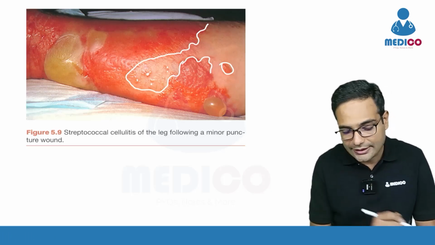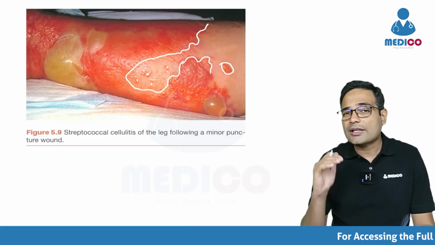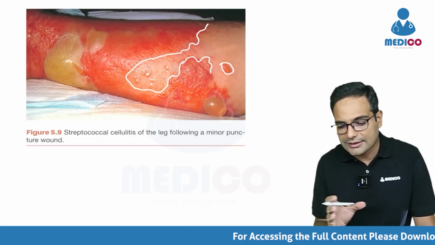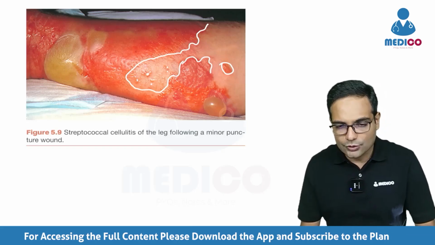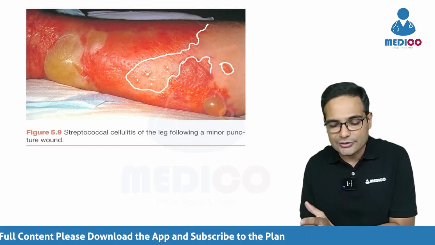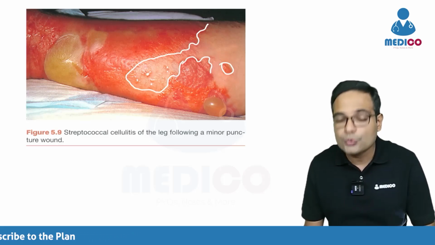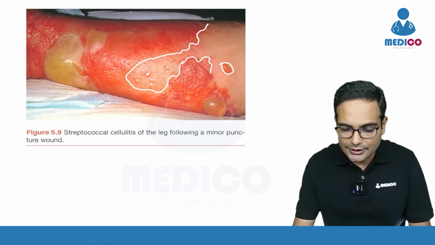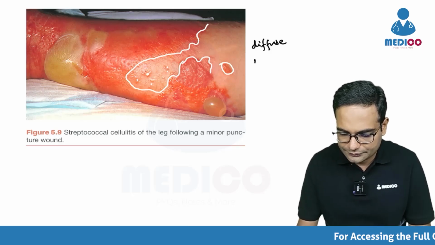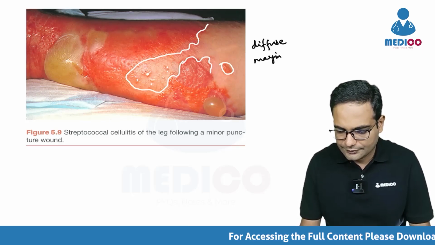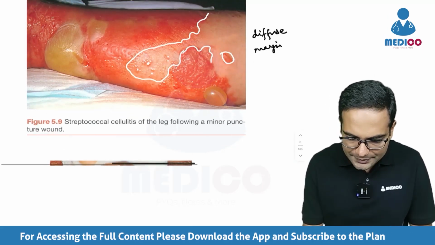So now what is cellulitis? In cellulitis there will be redness, but there is no clear demarcation. It is not as clear for you to say that this is where the cellulitis ends and this is where normal tissue begins. These are diffuse margins. The correct medical term would be a diffuse margin, right? And what you can see over here are blebs.